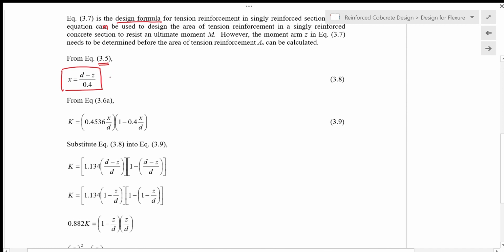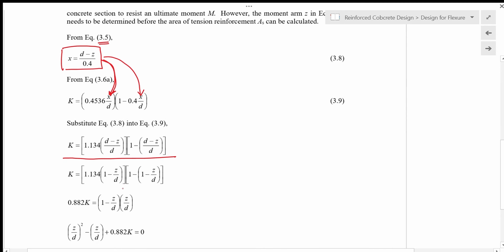If we substitute x equals d minus z over 0.4 here and here, then we are going to get this equation here. If you expand this equation, then we will get a quadratic equation like this.